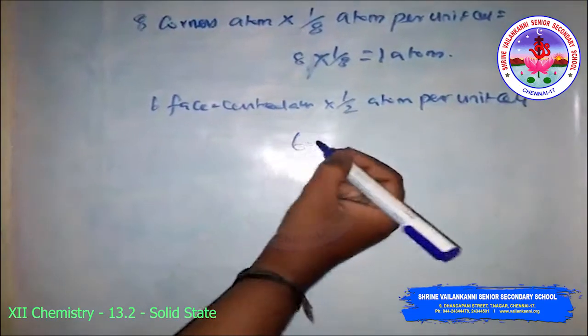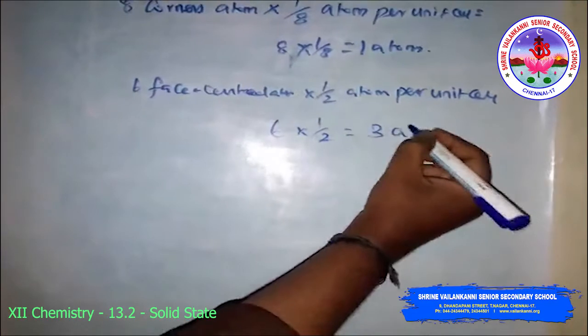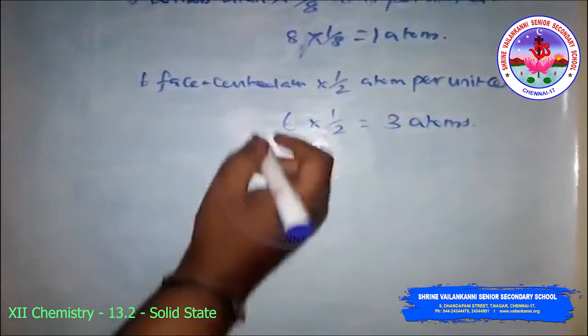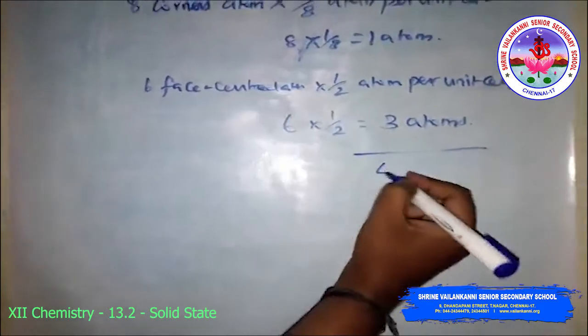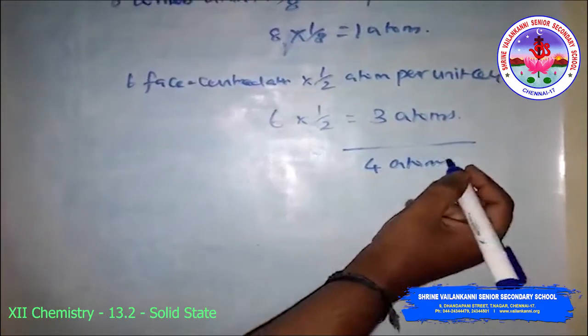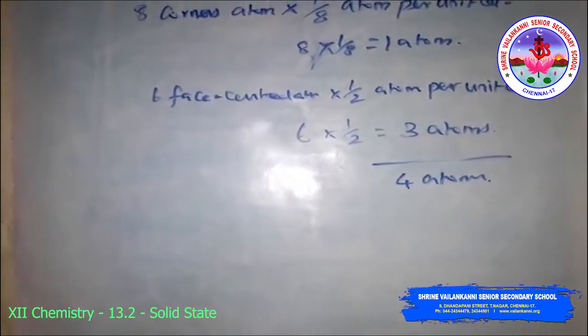So 6 faces into 1 by 2 is equal to 3 atoms. So the total number of atoms for FCC is 1 plus 3, 4 atoms for the face centered cubic unit cell. Okay.